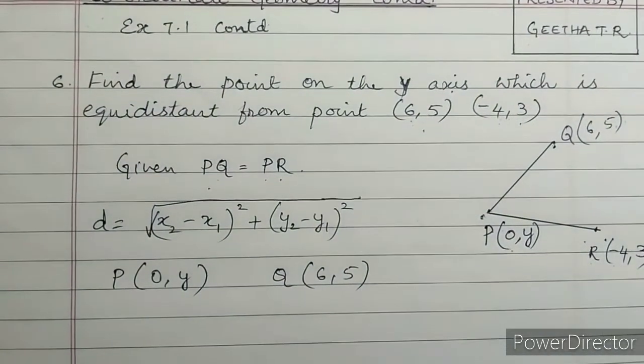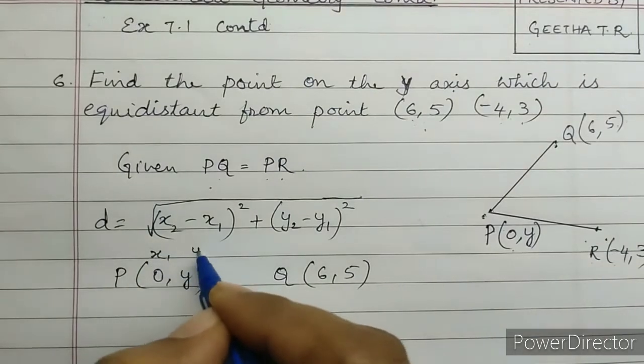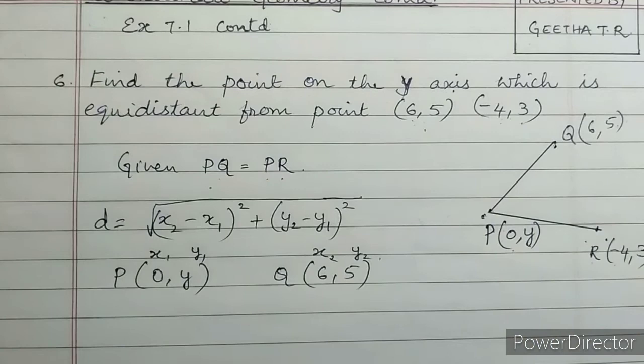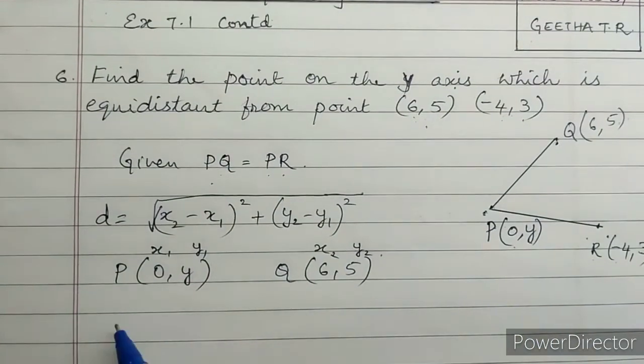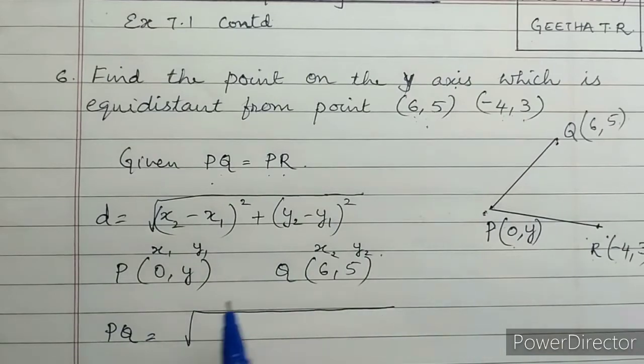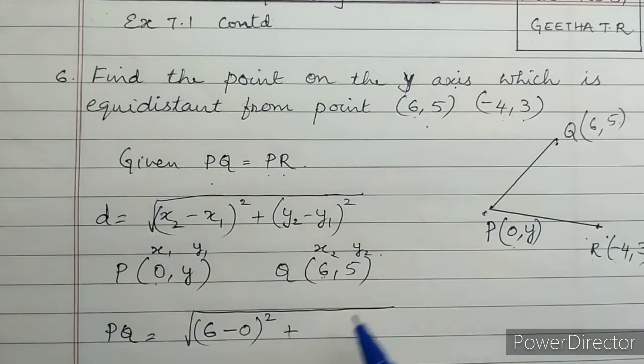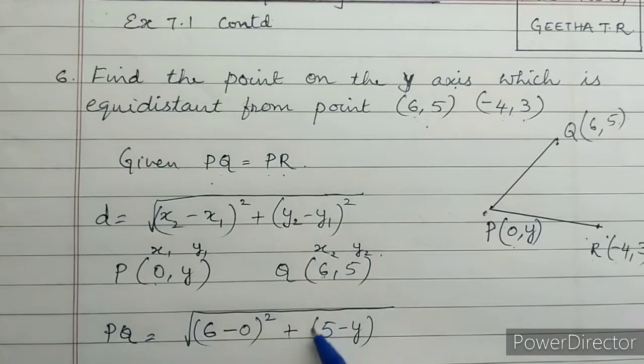Put x1 y1 on top so that you will not get confused, x2 y2 the other one. Now PQ equals square root of (x2 minus x1), x2 is 6 minus x1 is 0, whole square, plus y2 minus y1, that is (5 minus y) the whole square.